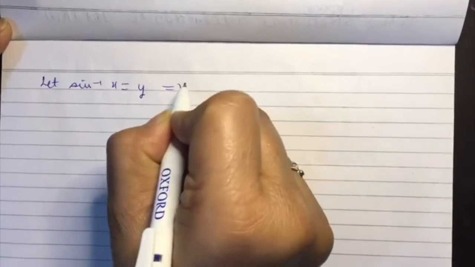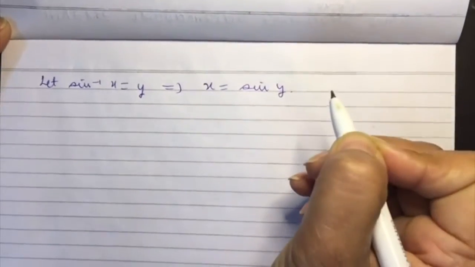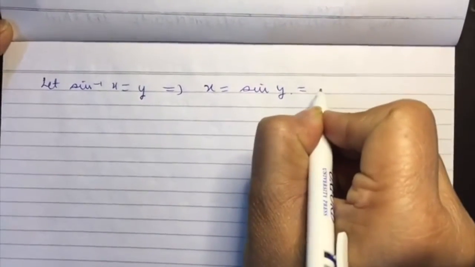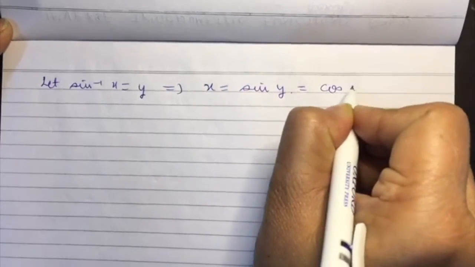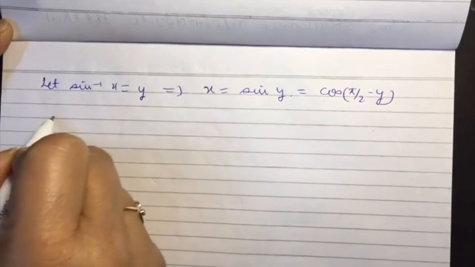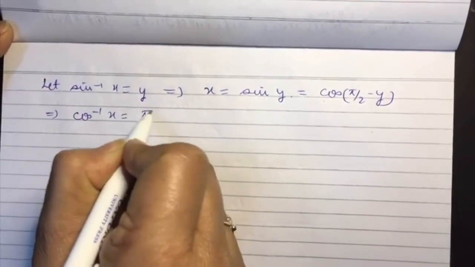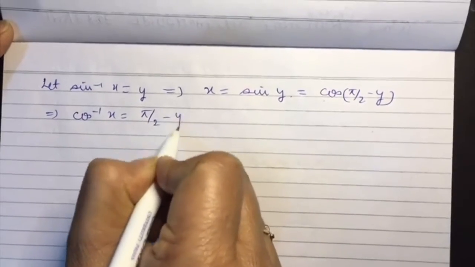Now let's start. Let sine inverse x equal to y. This gives us x is equal to sine y, which can also be written as cos of pi by 2 minus y. This, when taken here, gives us cos inverse x is equal to pi by 2 minus y.